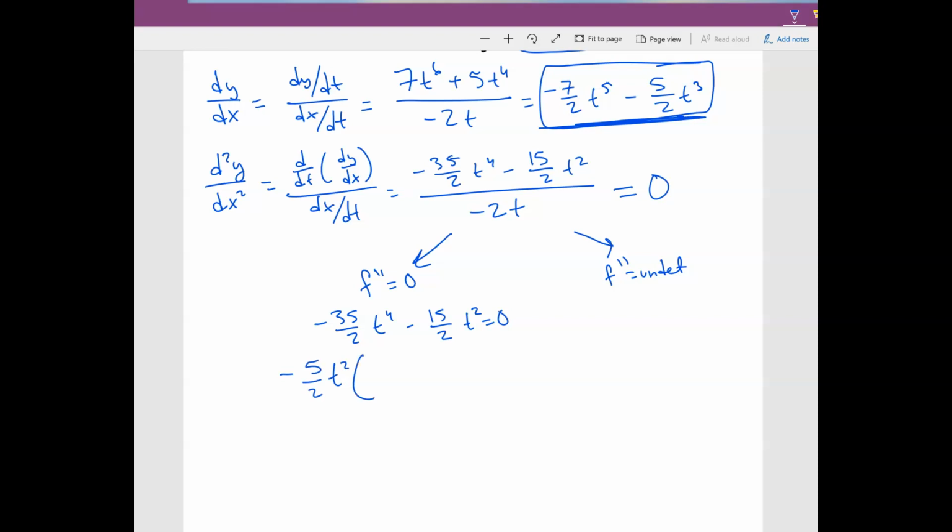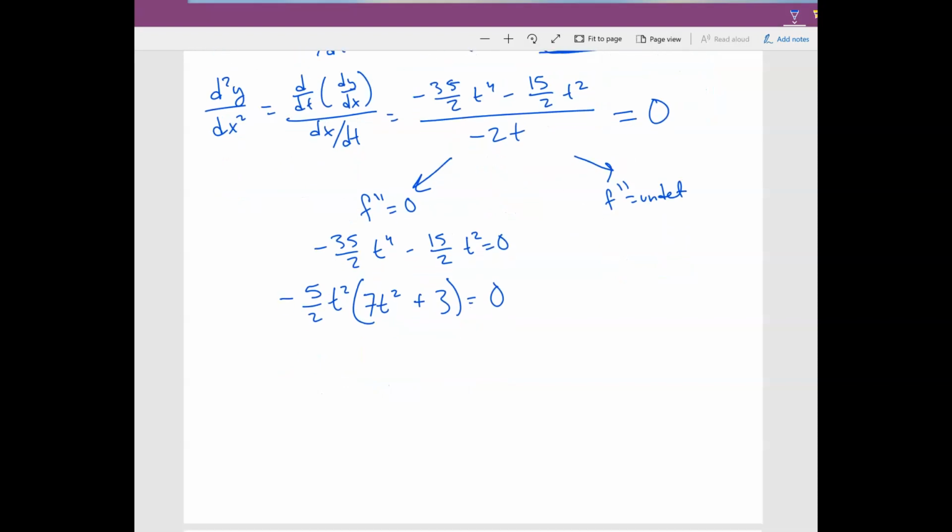Then here we are left with a t squared and a 7. And then we took out a plus, we're left with no t, we got rid of that, and we get a 3, equals 0. Okay, so notice that now we're going to set both of them equal to 0.